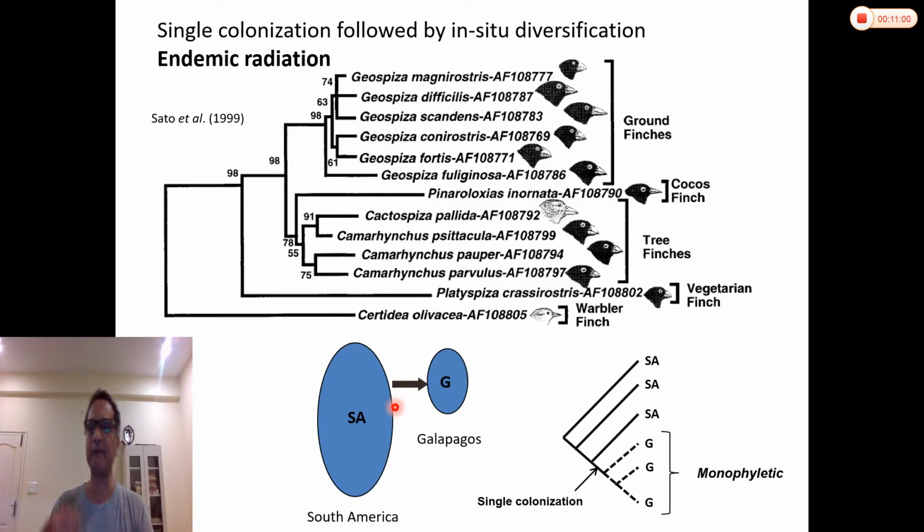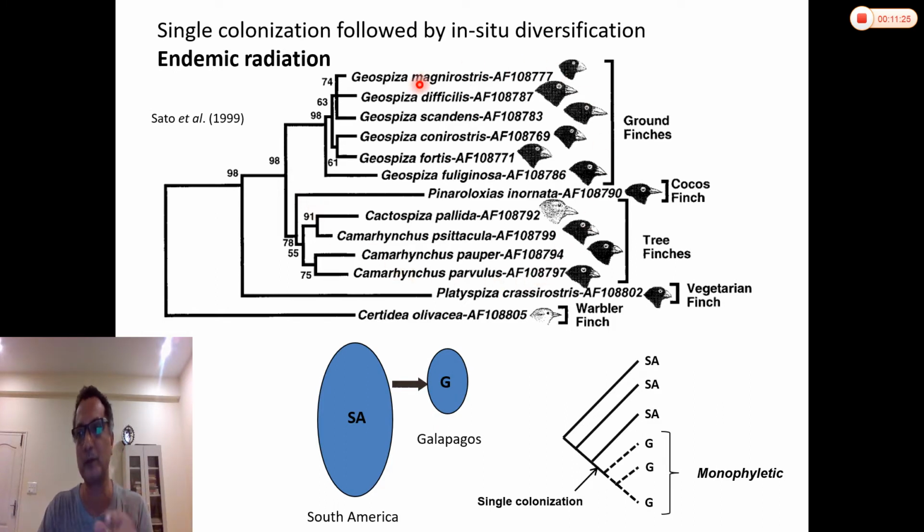In fact, people have now shown that indeed the Darwin's finches are monophyletic and they are related to warbler-like birds from mainland South America, right? So they are in fact monophyletic, right?